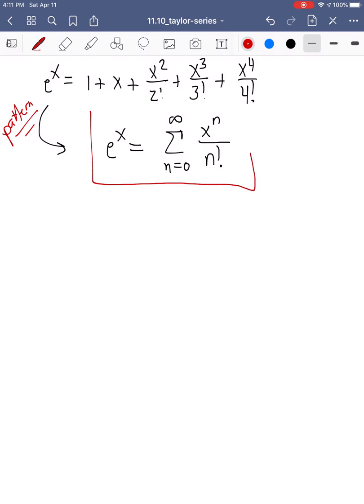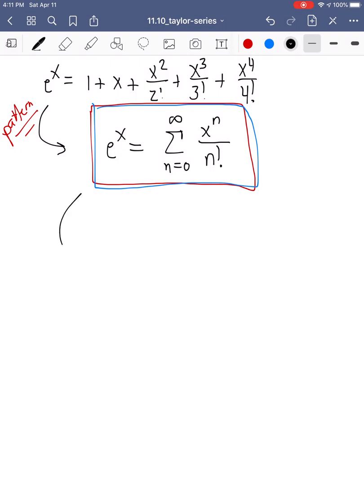So the Taylor series, or Maclaurin series, for e to the x is the infinite series from n equals 0 to infinity of x to the n all over n factorial. And another unique thing for us right off the bat is that this gives us not only the Maclaurin series for e to the x, but it's another way to view the function e to the x entirely.